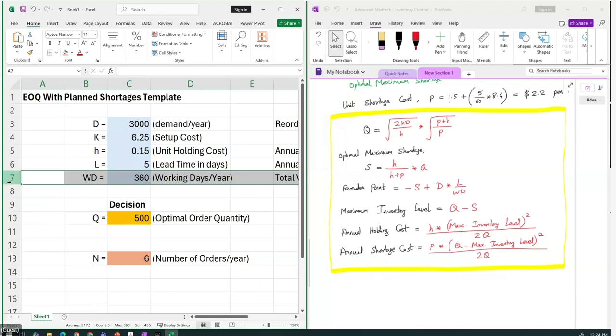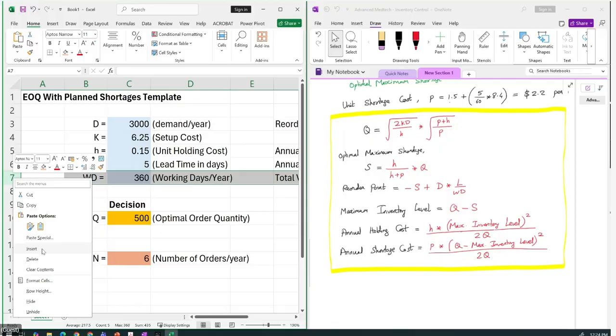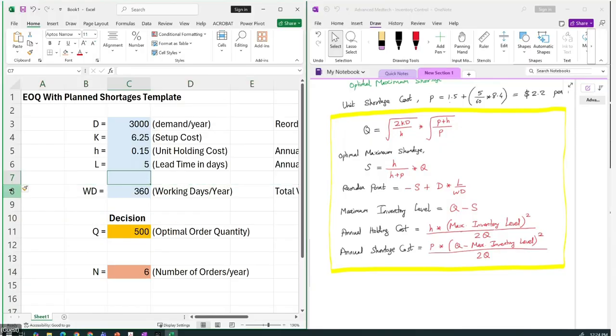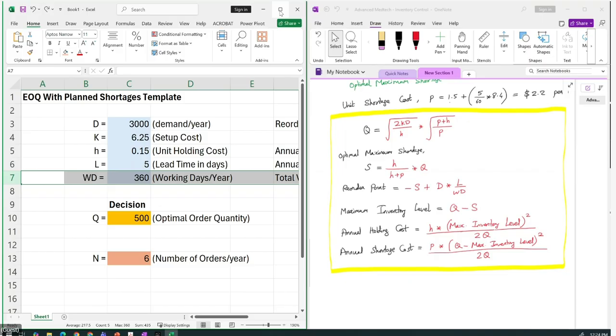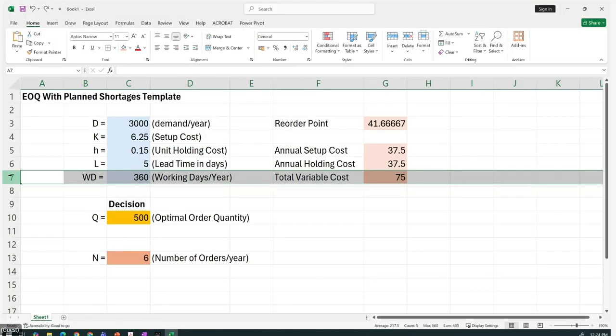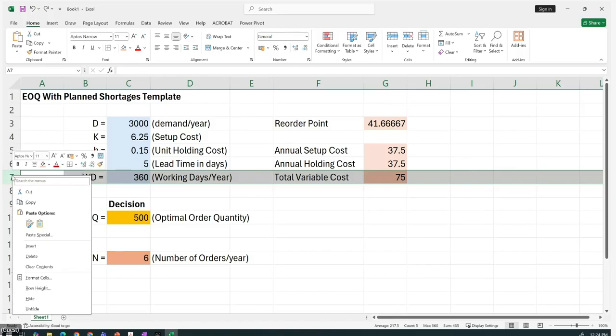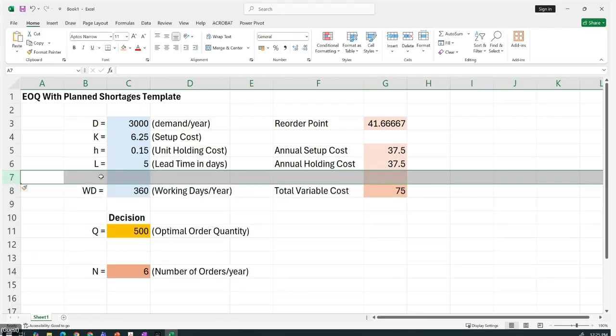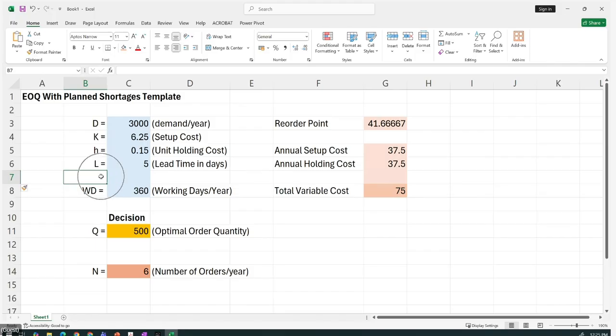Just above this WD, I'll insert another row. Let me do it again for you. I'm selecting this entire row, WD, right click, insert.